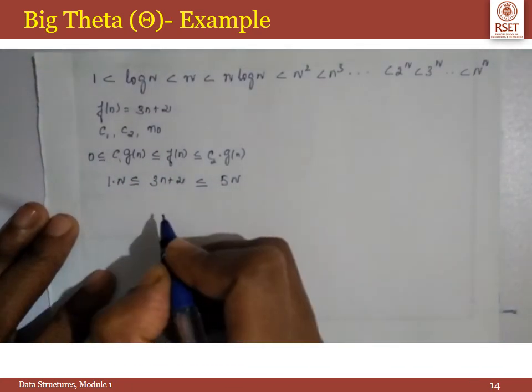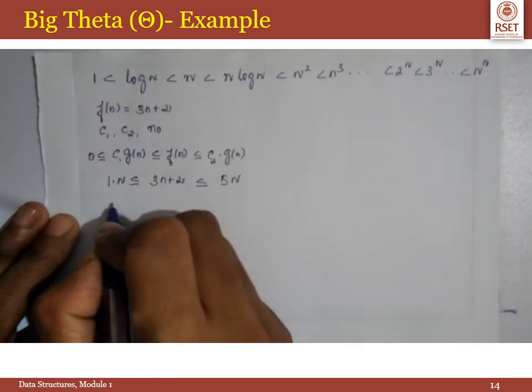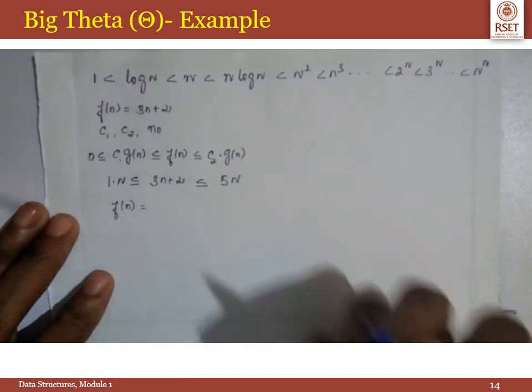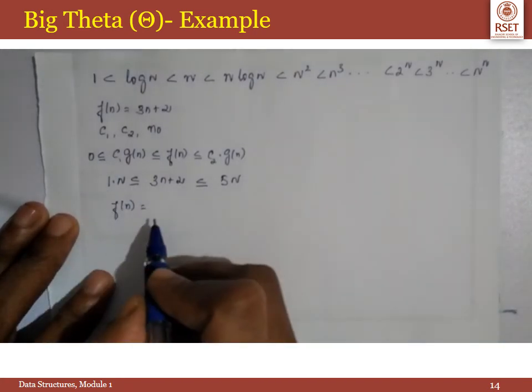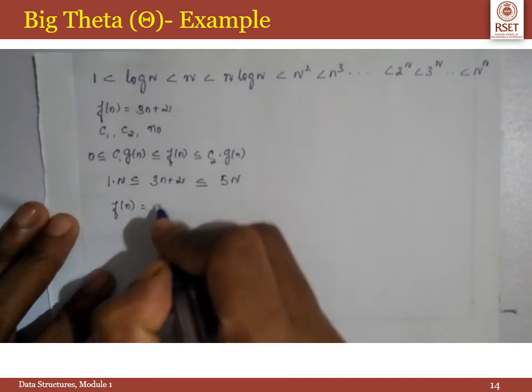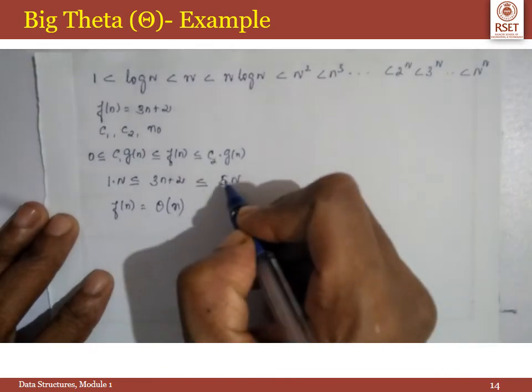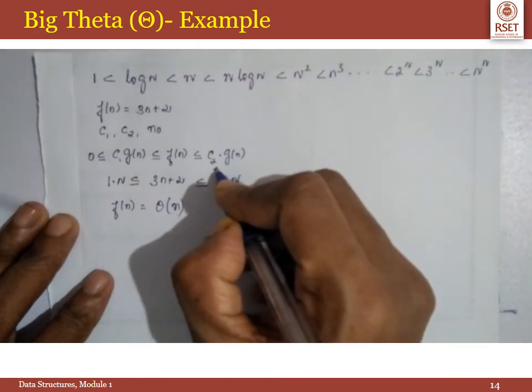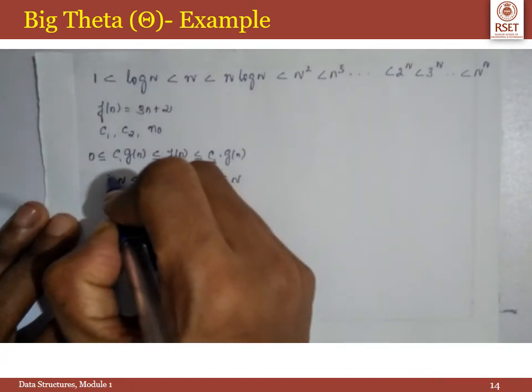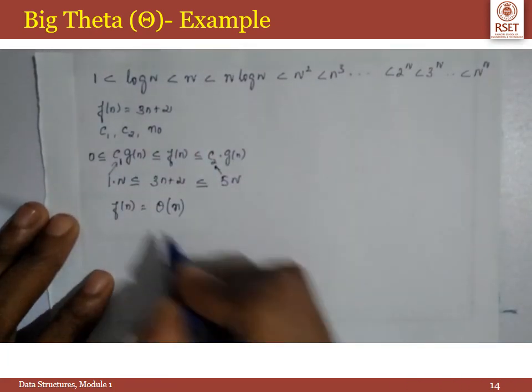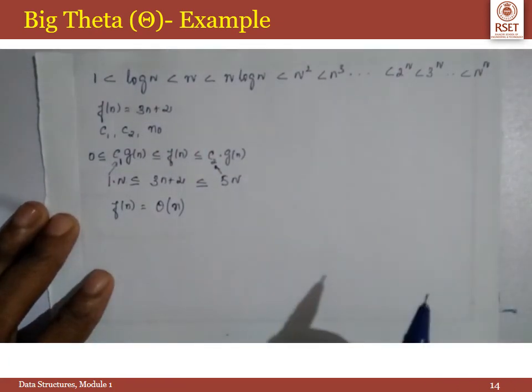So your function f of n can be written as theta of n. Why? Because here 5 is my c2 and 1 is my c1, where the function is g of n.